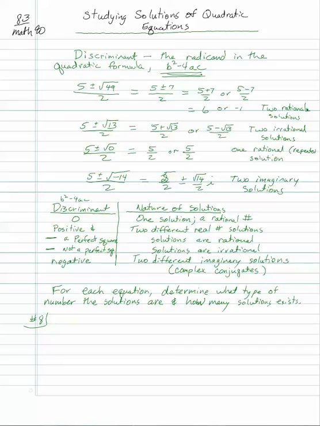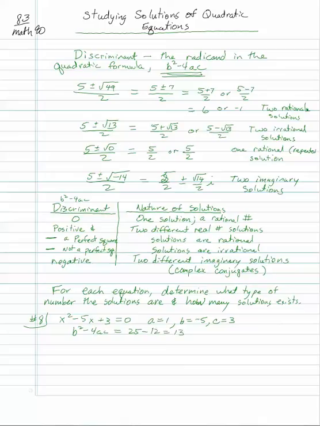So let's see. X squared minus 5x plus 3 equals 0. So it's in standard form. So a is 1, b is negative 5, c is 3. b squared minus 4ac is going to be 25 minus 12, which is 13.